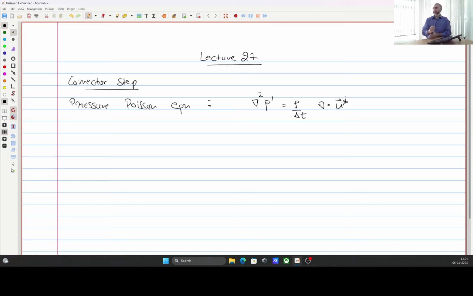P prime here is the pressure correction. So we are solving for the pressure correction. Remember that. Once we solve for pressure correction, then we can find the pressure at the next time, Pn plus 1, as Pn plus P prime.